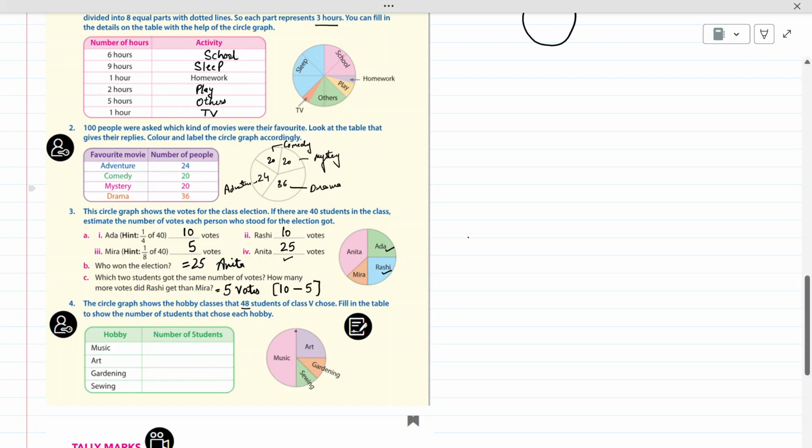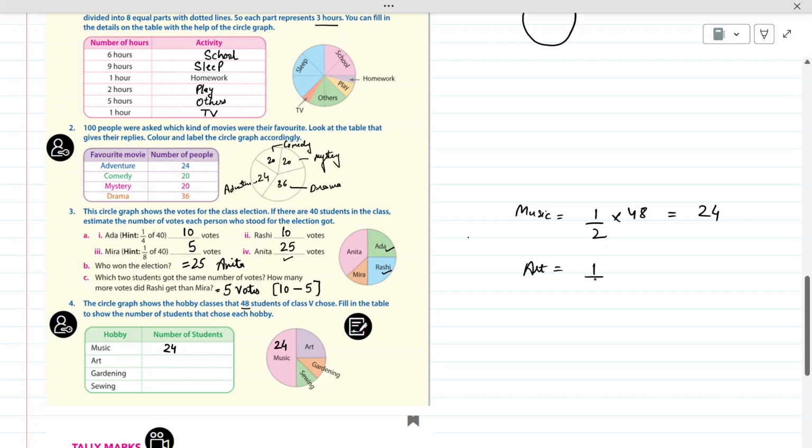And we can easily see that music is half of the total circle. That means 24 students are taking music here. I'm writing 24, right?